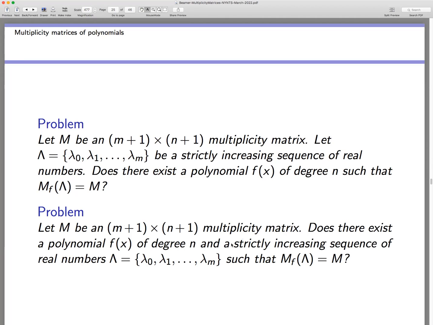So for the second problem, you're not restricted to a fixed set of lambdas. Is there any set of lambdas for which your matrix is the multiplicity matrix? So these are different problems, neither of which I can solve.